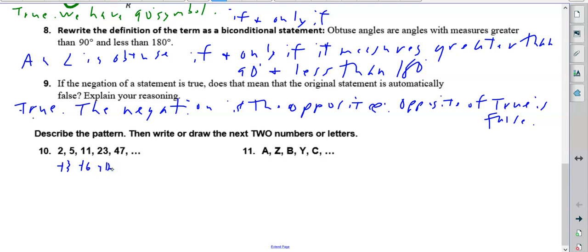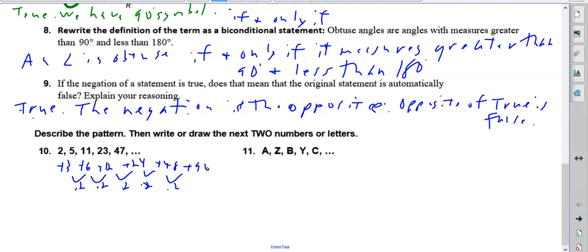And then 47 minus 23 is plus 24. So 3, basically times 2, times 2, times 2. So times 2 would be plus 48, and times 2 would be plus 96.